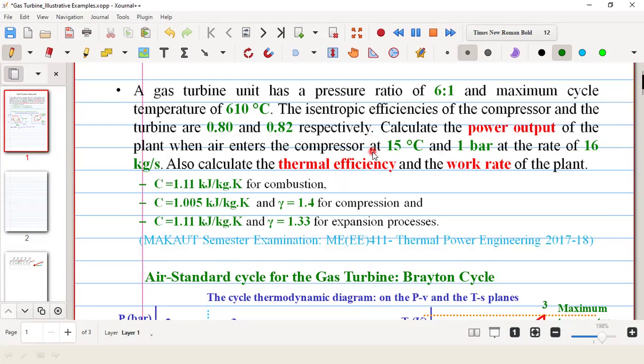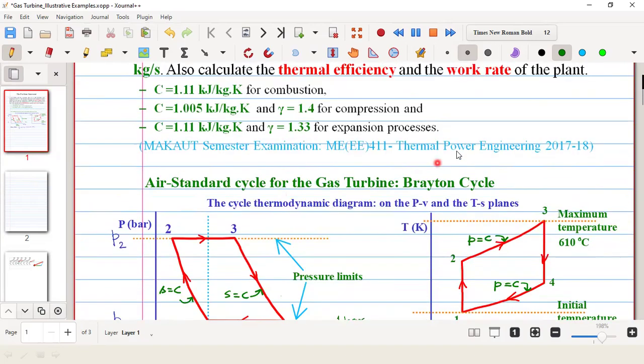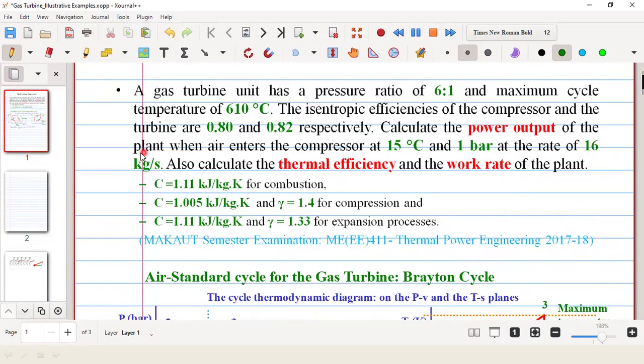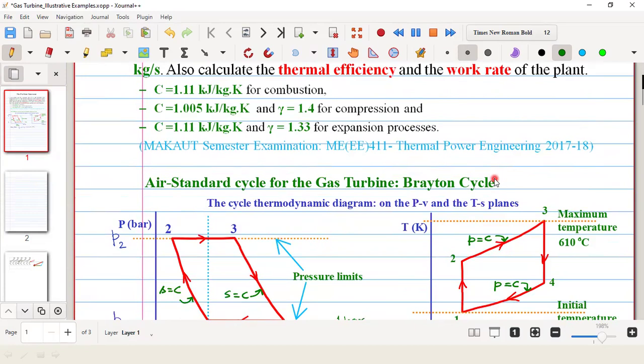While reading the problem statement before solving it, you must note whether extensive properties are given or not. All other properties here are intensive: 610 degrees centigrade, 15 degrees, 1 bar, 6:1. The first extensive quantity is the mass flow rate.